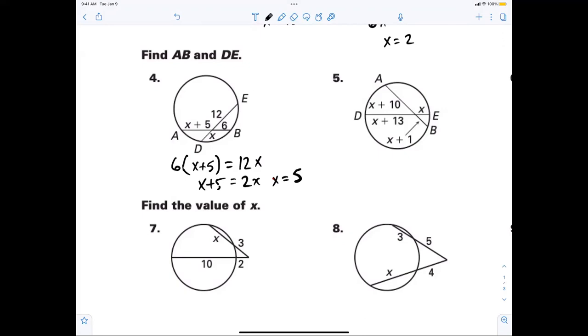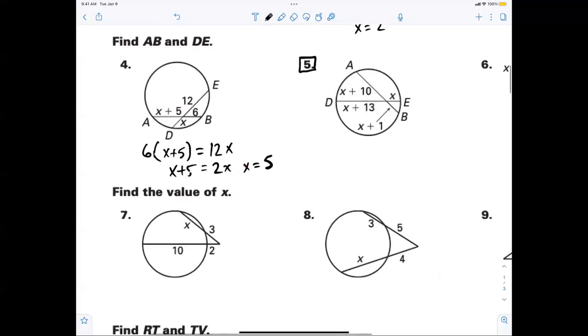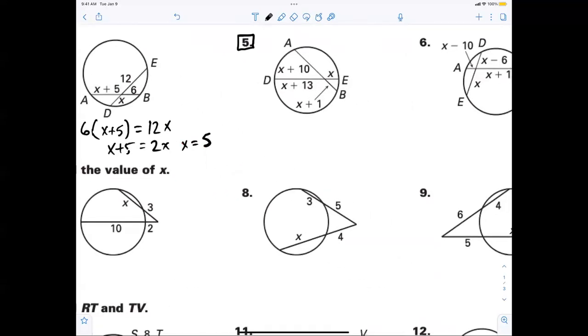Now number 5 is the important one. Number 5 is important because it's just a good review of algebra. So somebody go ahead and set that up for me. Help me. I'm not asking you to do the problem. I'm asking you to just tell me what two things multiplied together are equal.